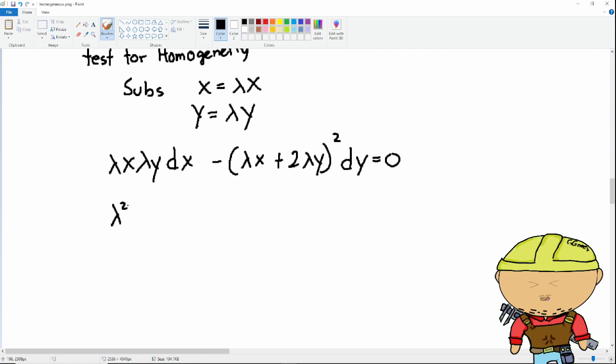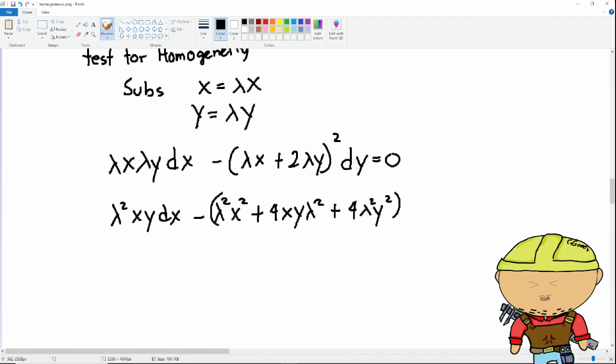So this will become lambda squared xy dx minus lambda squared x squared plus 4xy lambda squared plus 4 lambda squared y squared dy is equal to 0.